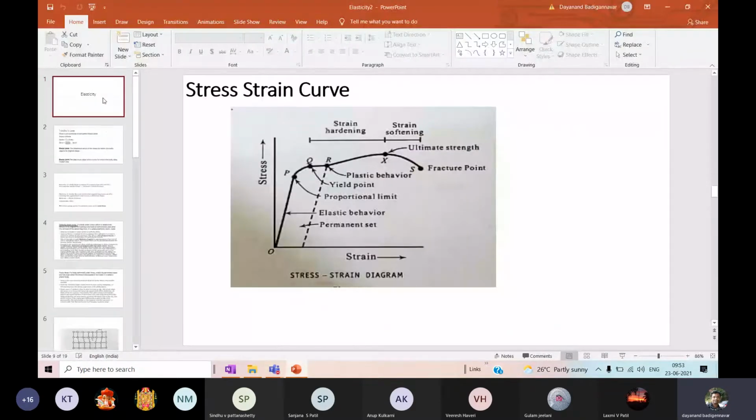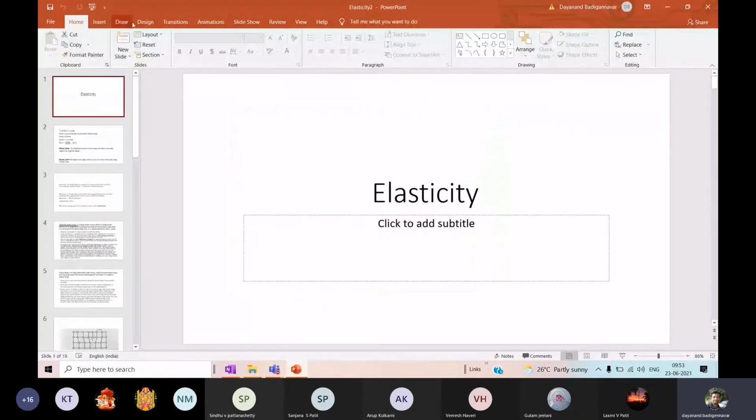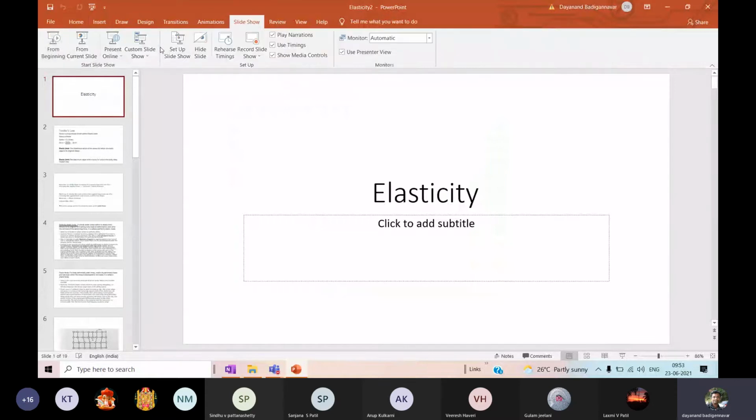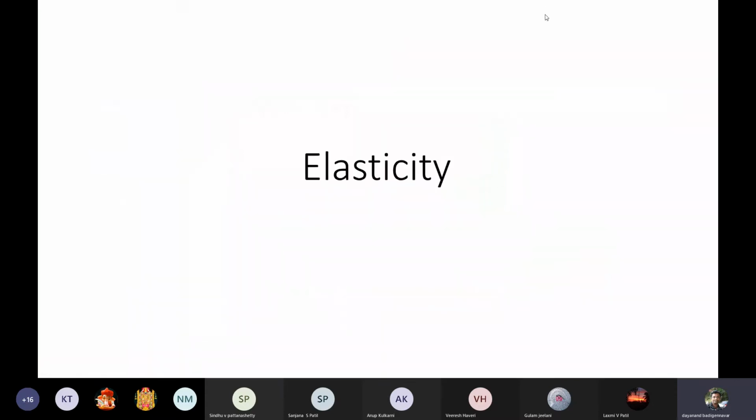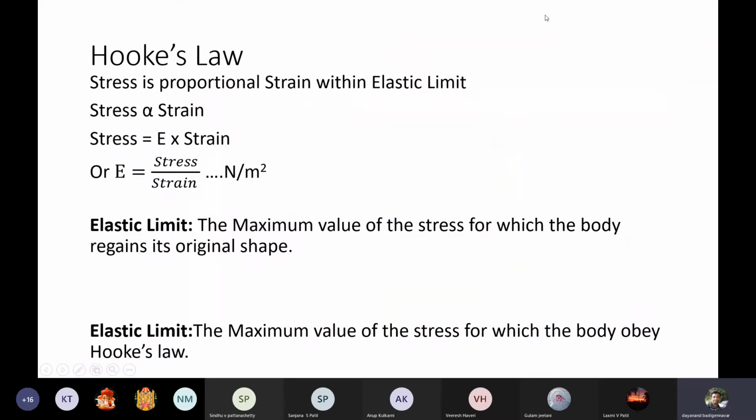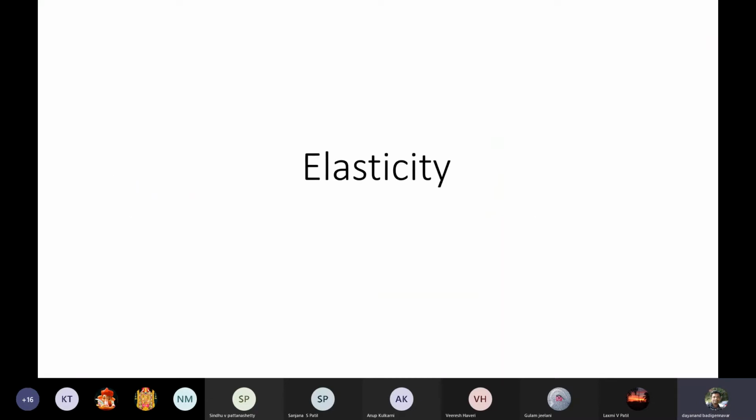So here in the elasticity part, we have been discussing what is elasticity. Elasticity is a property by virtue of which a body regains its original shape and size.